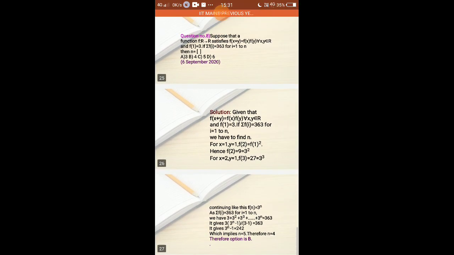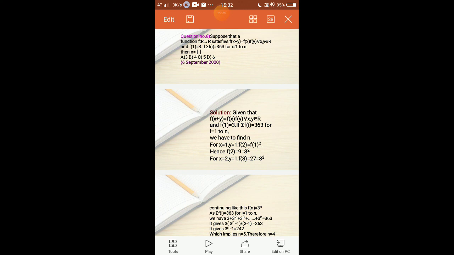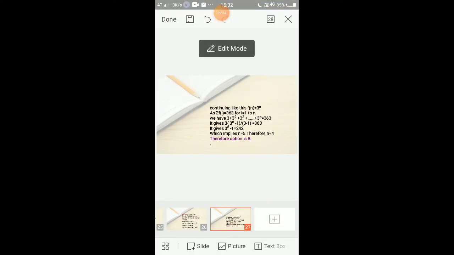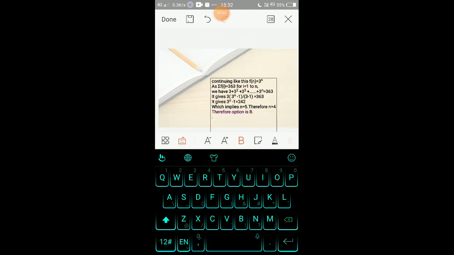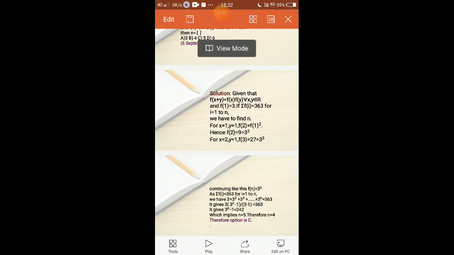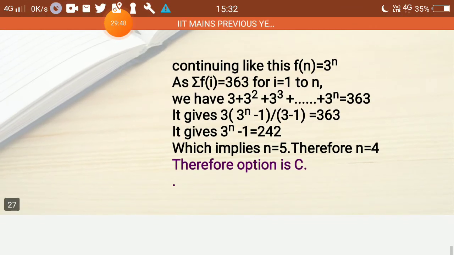So n is equal to 5 means option C only. Option C only, because I thought there are n plus 1 terms, but n terms only.